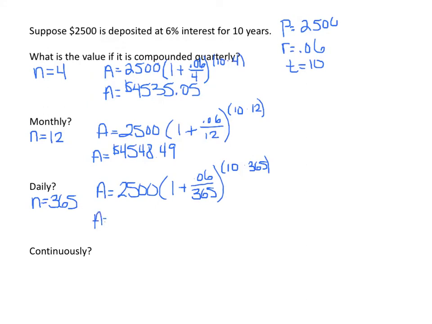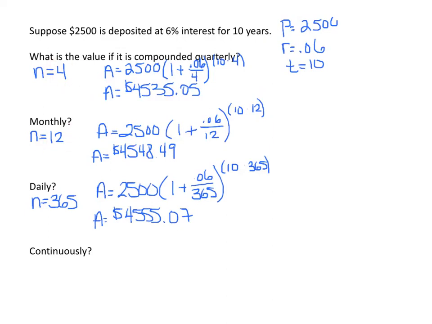And the value of our account is $4,555.07. So again, we've increased, but this time not quite as much. So the daily compounding from the monthly compounding is a smaller change than month from quarterly.